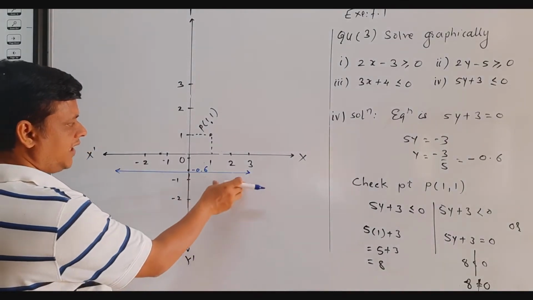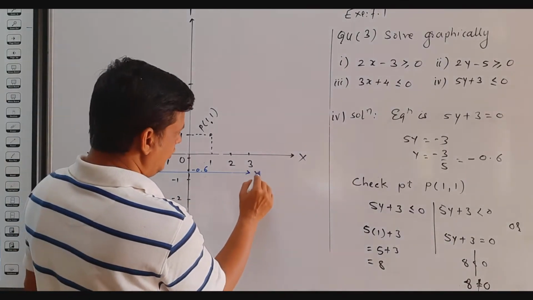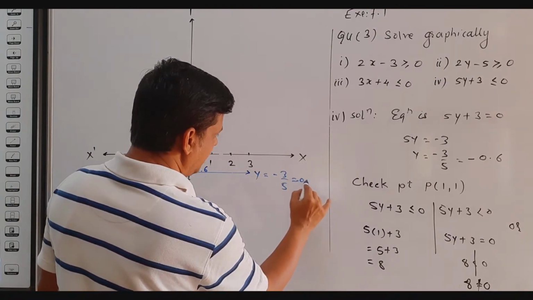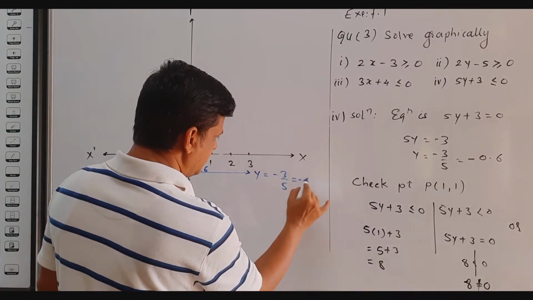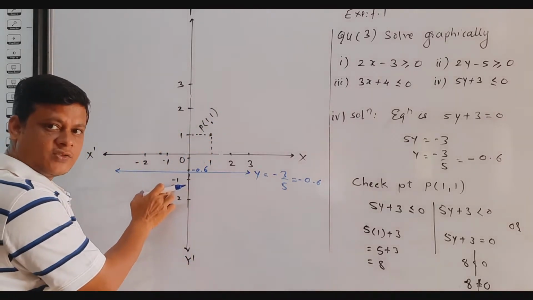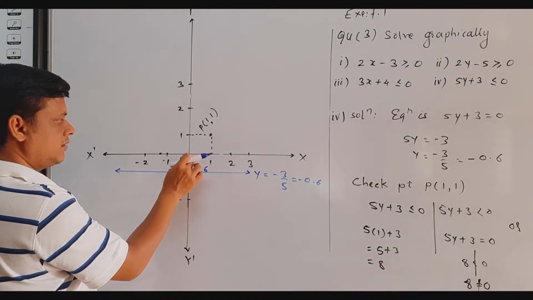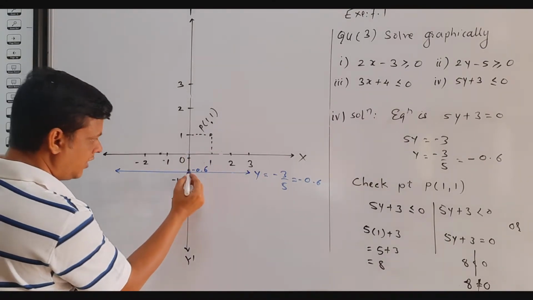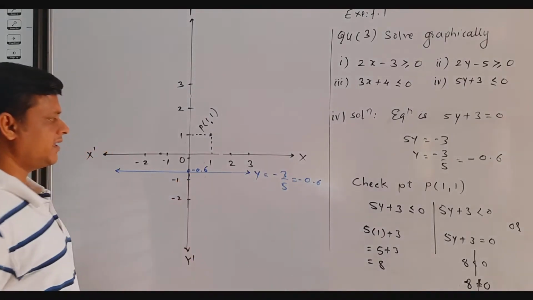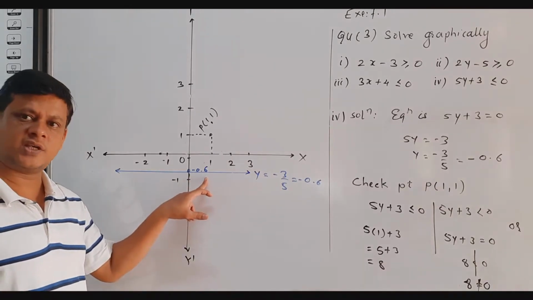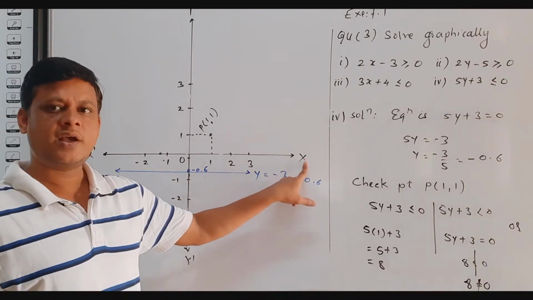Now this line we draw, y equals minus 3 by 5, which is minus 0.6. So this minus 0.6 is before this minus 1. So here is minus 0.1, minus 0.2 and so on. Here we get the point minus 0.6. So we draw a line passing through this minus 0.6 and parallel to this x-axis.